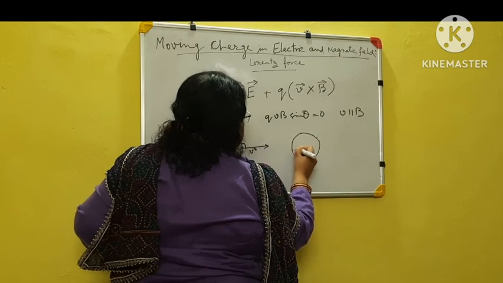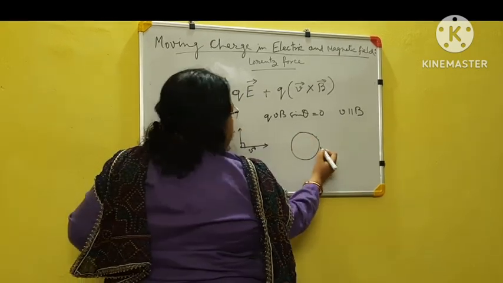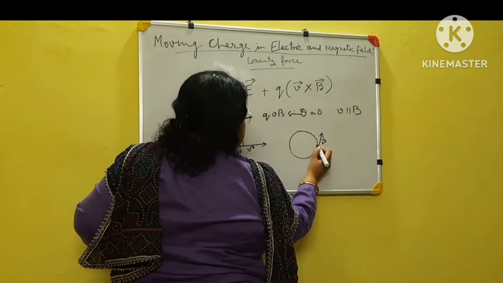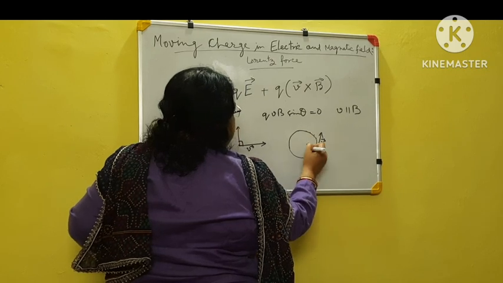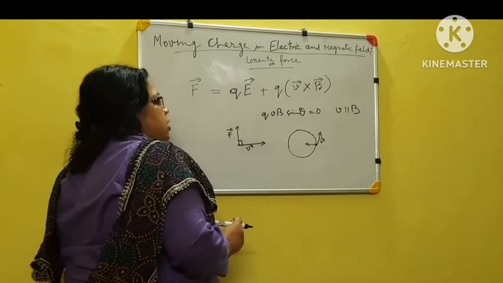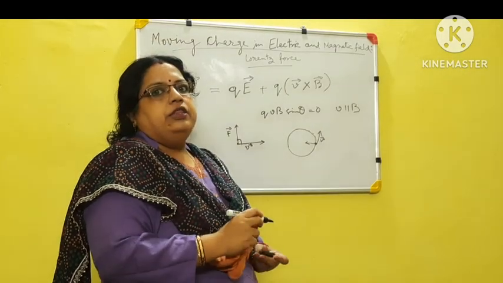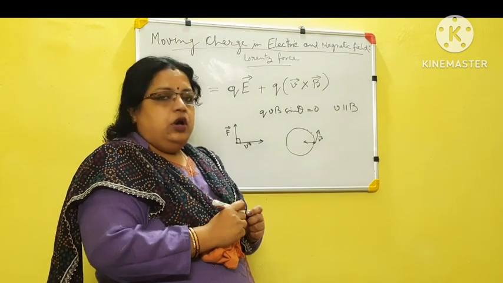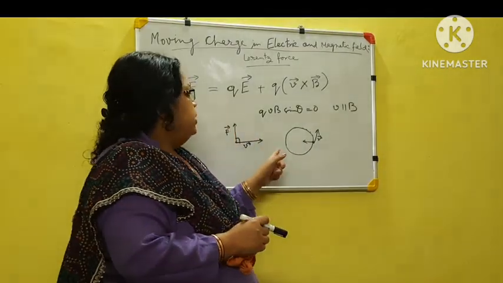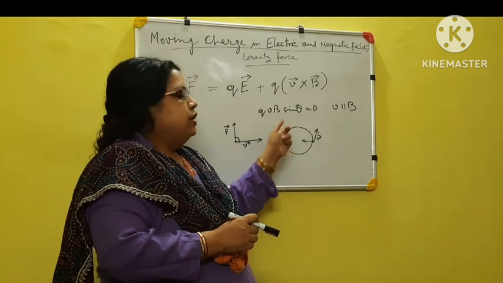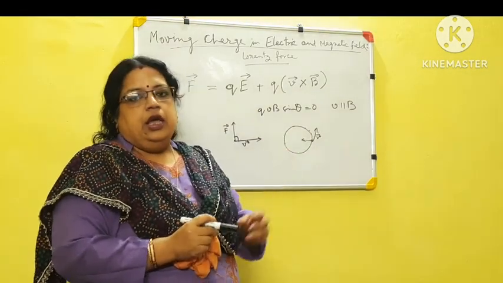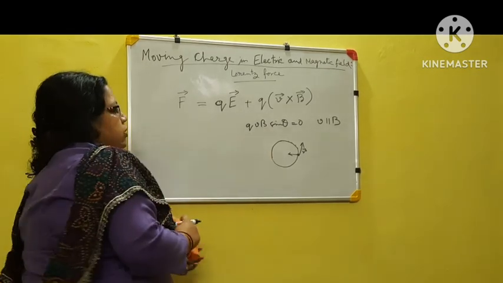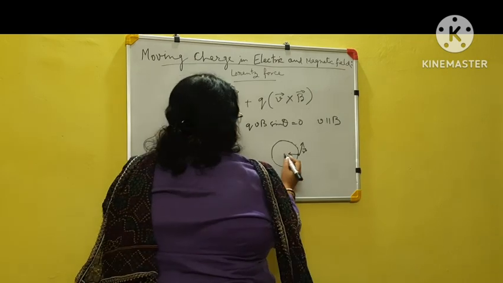If velocity is in this direction and force is in that direction, it will go in a circular path. That means when velocity is perpendicular to the magnetic field, the charged particle will follow a circular path. Now, what will be the radius of this circular path? We can determine the radius of the circular path.